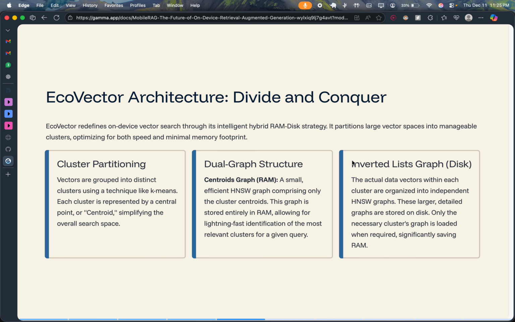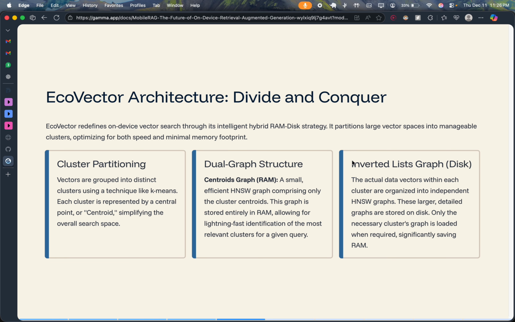Then how does it work internally? Now we have the EcoVector architecture. In this we have cluster partition, dual graph structure, and inverted list graph, which is on the disk.